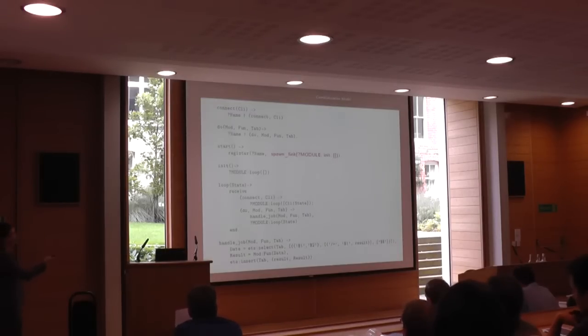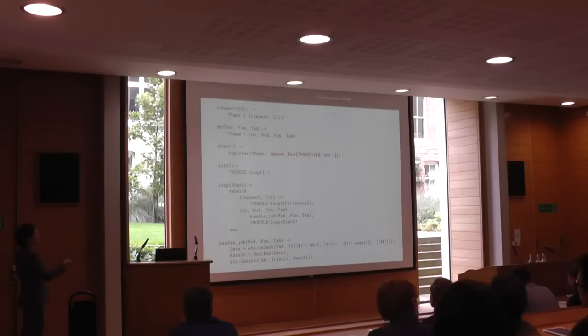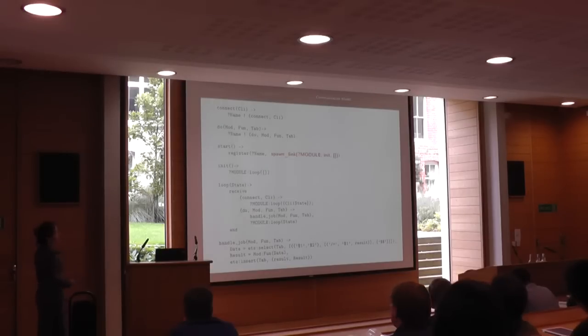Here's the spawn_link for spawning a new process. Where we spawn the new server, I have to know which are these parameters. This is a macro which stands for the name of the current module, so it's like a constant. Here's another constant, init, and an empty list, which means that the arity is 0.